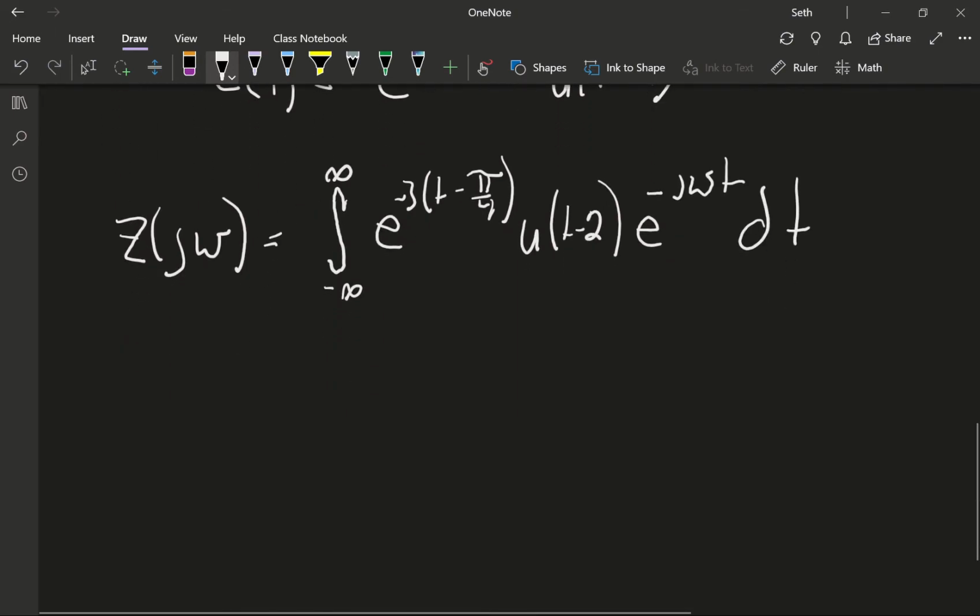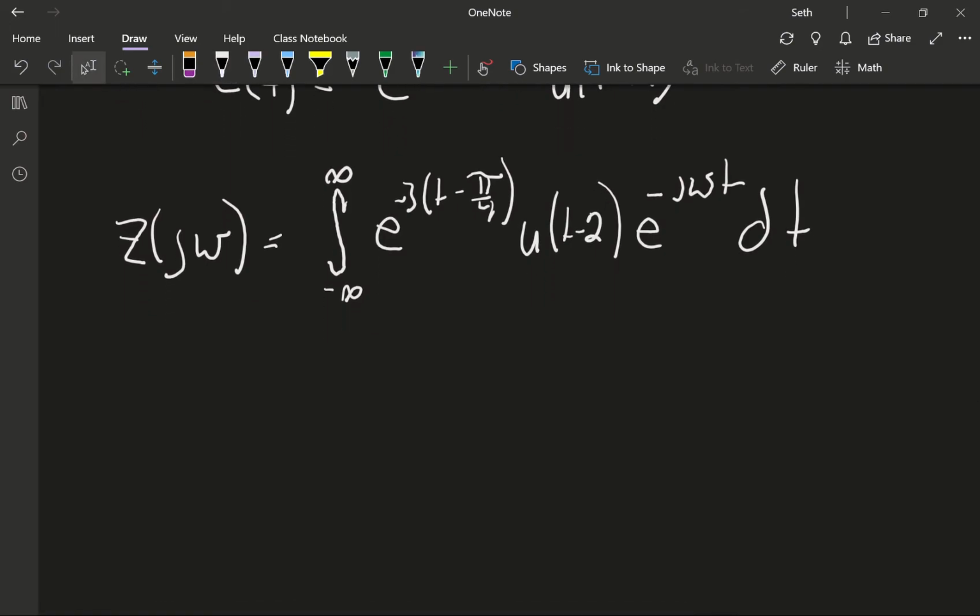Okay, we have a unit step in our integral, so this allows us to simplify the integral greatly. For values less than 2, the unit step is 0, and any integral that has an integrand of 0 evaluates to 0.